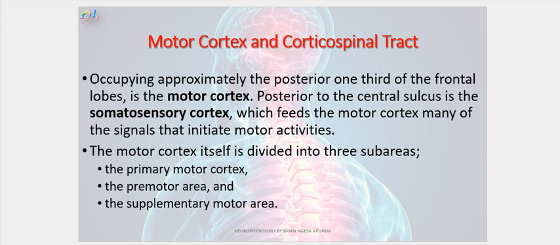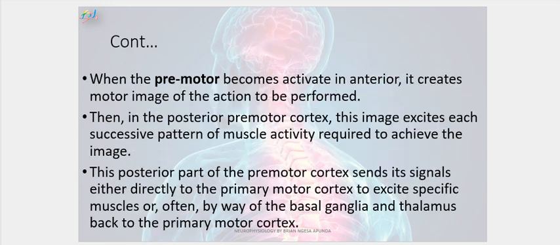But just sticking to the motor cortex, we've said that the motor cortex has the premotor, the supplementary, and the primary motor area. So just with some form of image.